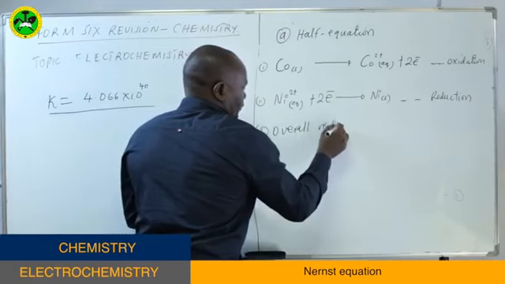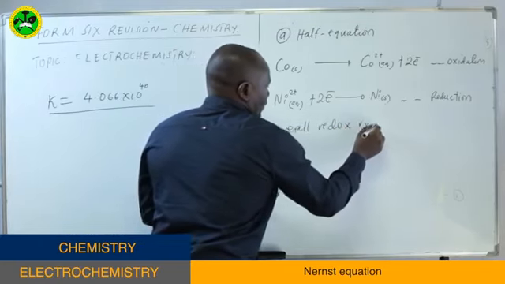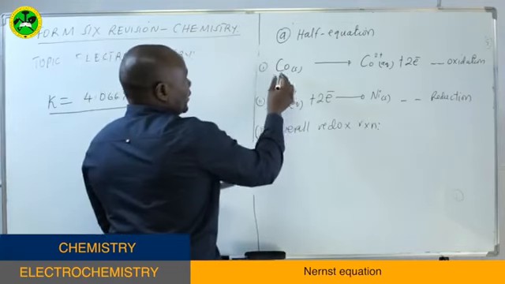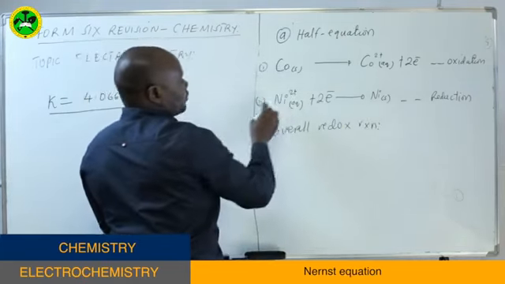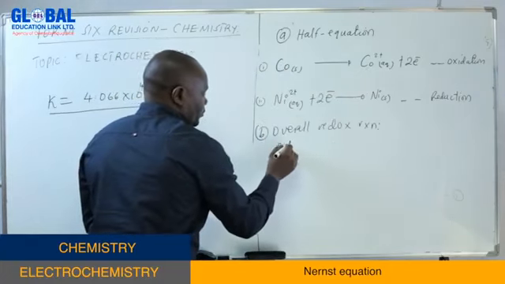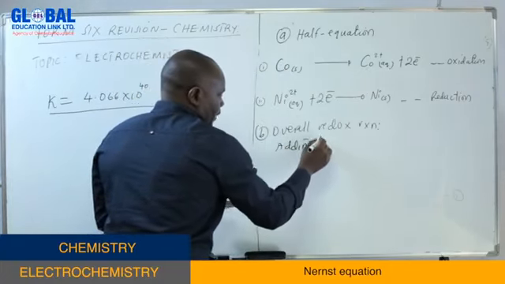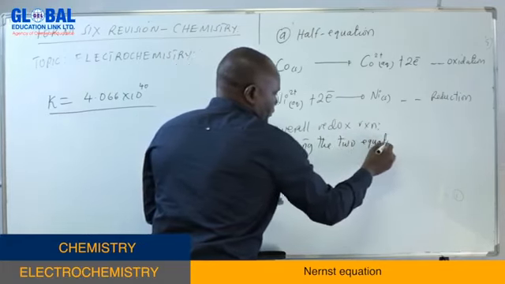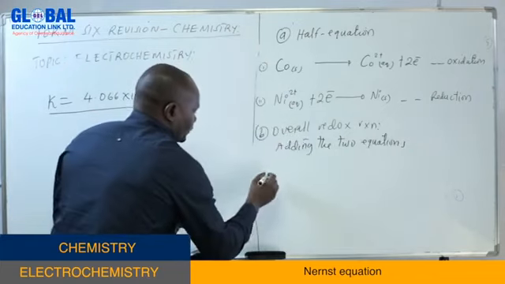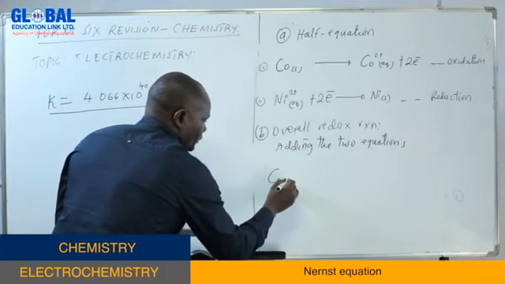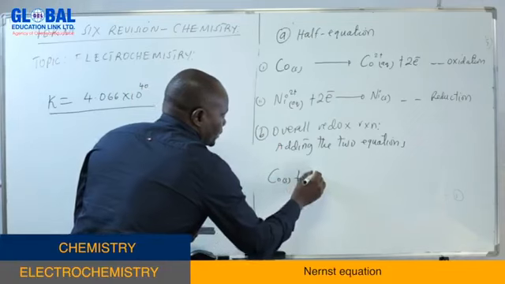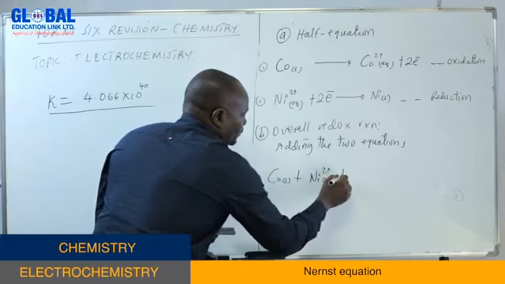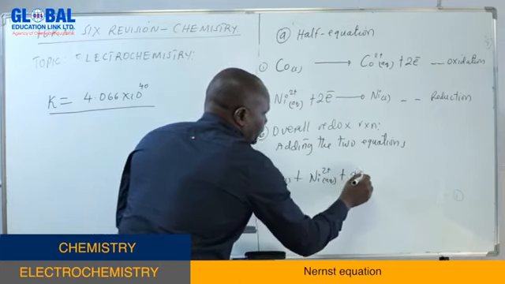redox reaction can be obtained by just taking the summation of the two equations. So take equation 1 plus equation 2. So adding the two equations, you'll have cobalt solid, plus nickel 2 positive aqueous, plus 2 electrons.